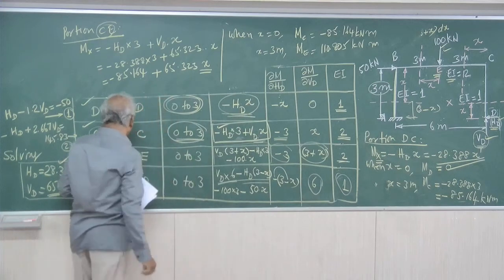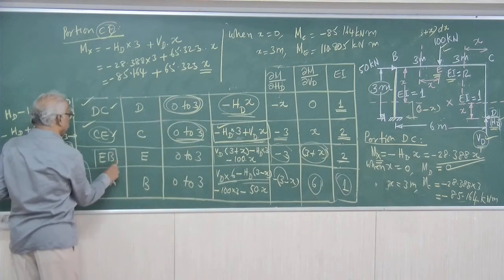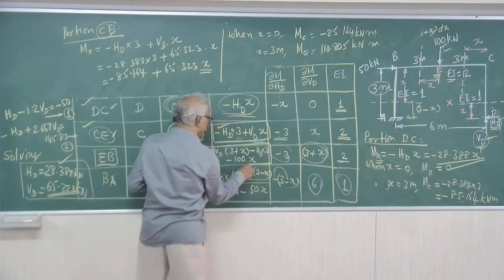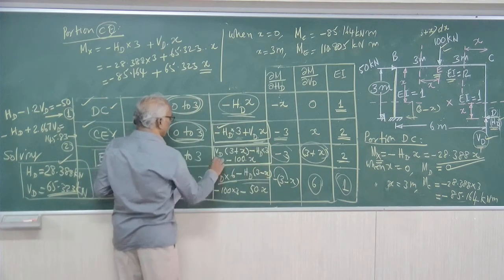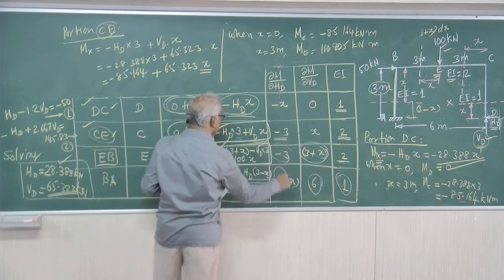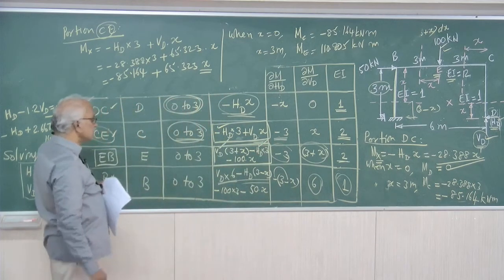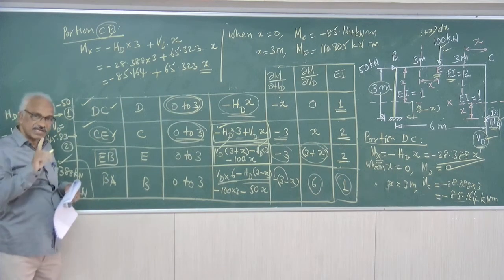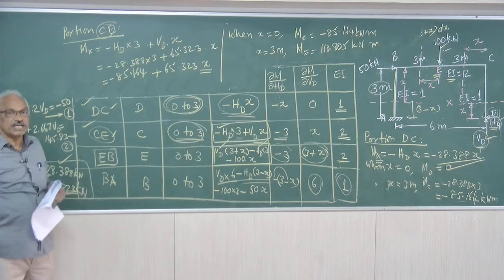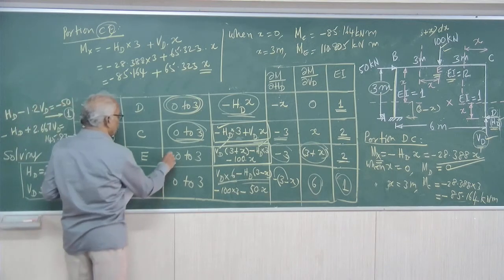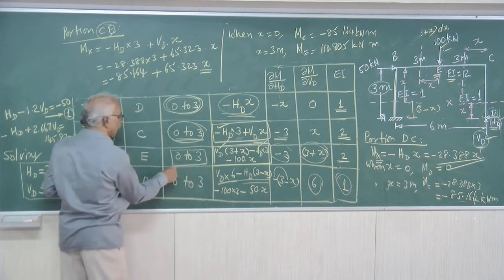Similarly, for the portion EB, this is the equation for Mx. In this equation, we have to substitute the value of Vd and the value of Hd. Again, see the power of the variable x. If the power of the variable is 1, then that is also linear variation. There, we have to substitute the limits x equal to 0, x equal to 3.